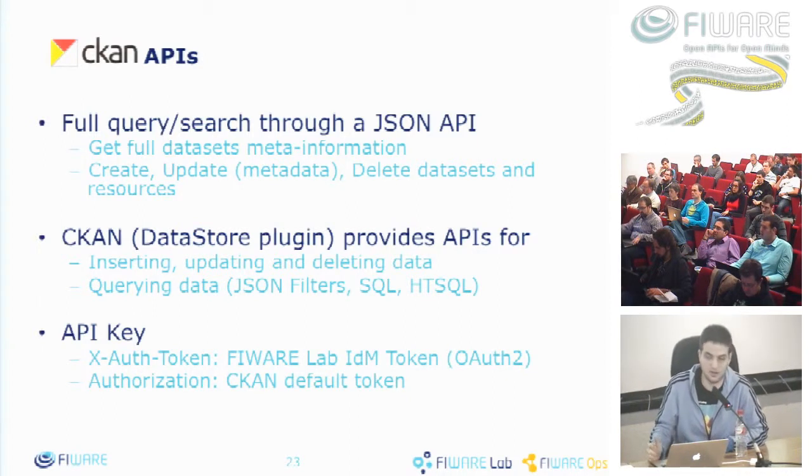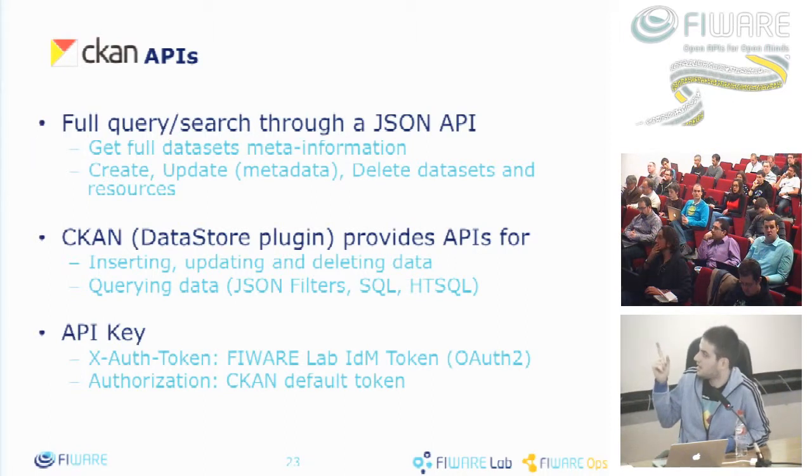And just to speak about the API key. Imagine that you have published a private data set, so only registered users will be able to access it. To access this data set, you have to include one of these tokens.